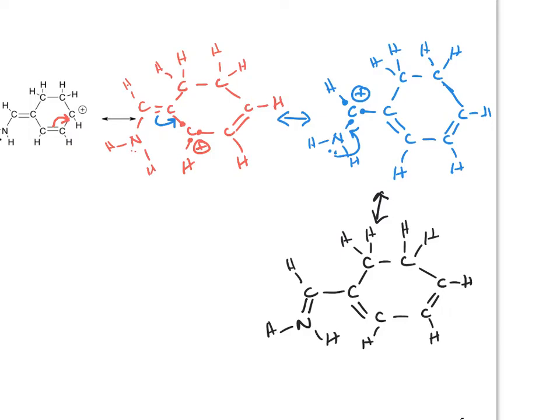So let's take a look at what we got. If we look at this carbon, it's got 1, 2, 3, 4 electrons around it, counting half in each bond. So carbon should have 4 valence electrons. This one has 4 valence electrons, therefore it's neutral.